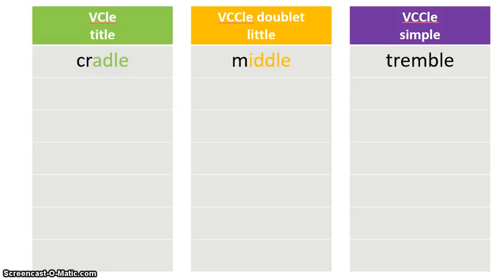Then you're going to take your orange and highlight the vowel consonant consonant LE doublet pattern, the I, D, D, L, E in middle. And then lastly, you're going to take the purple colored pencil and highlight the vowel consonant consonant LE pattern, which is the E, M, B, L, E in tremble.